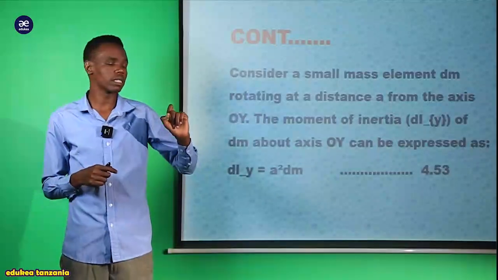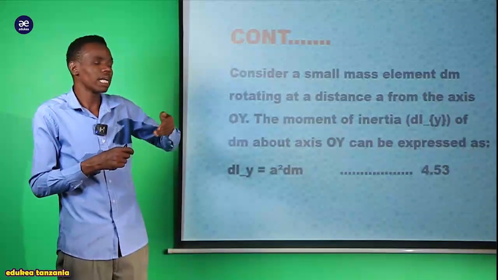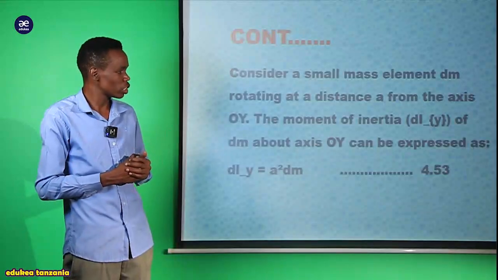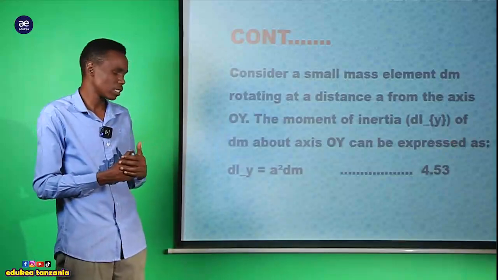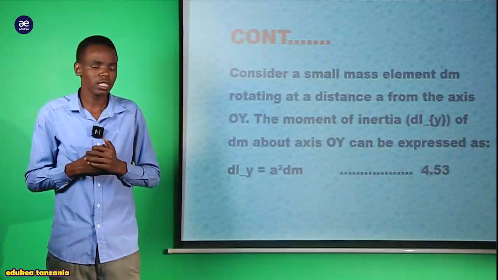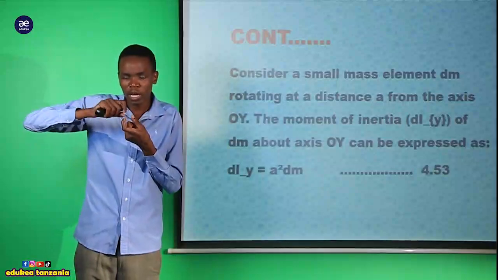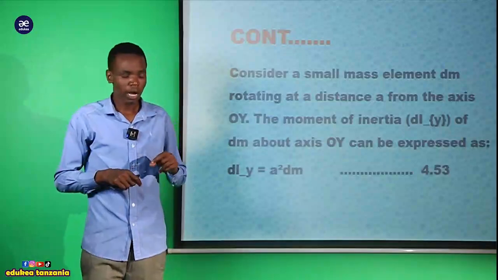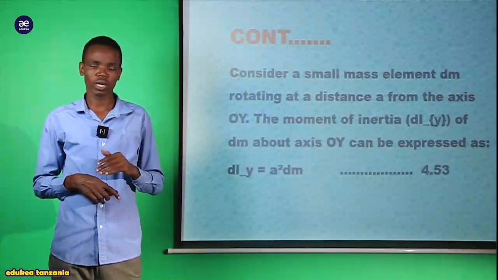The moment of inertia dI along the y-axis of the dm about the axis can be expressed like this. Along the y-axis, we obtain the moment of inertia by taking dI, because we are talking about the elemental, the small change of the mass. The small change of the moment of inertia must be equal to a squared times dm.